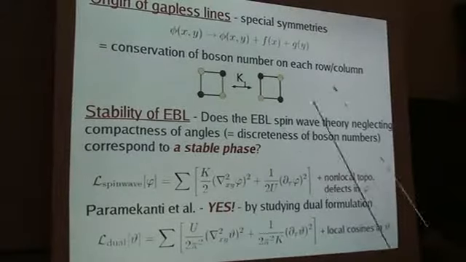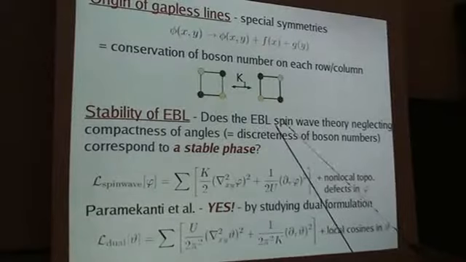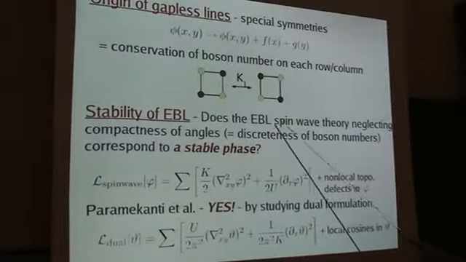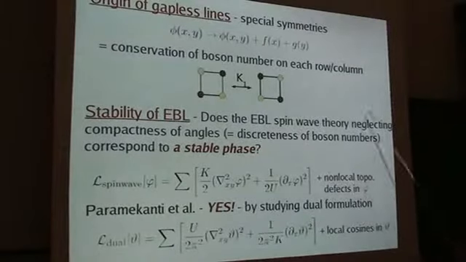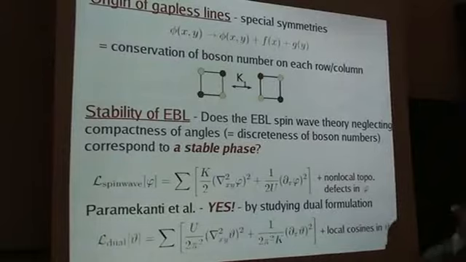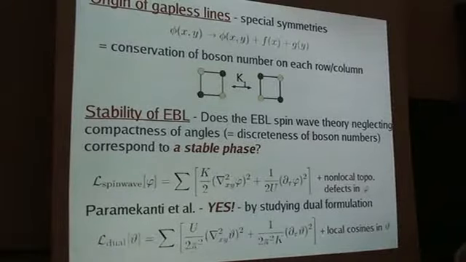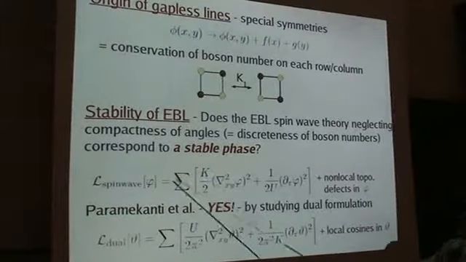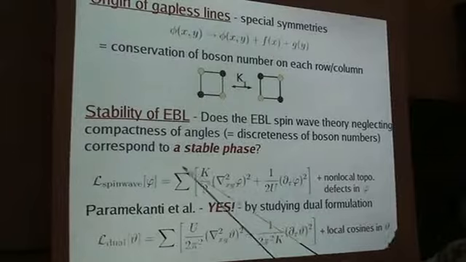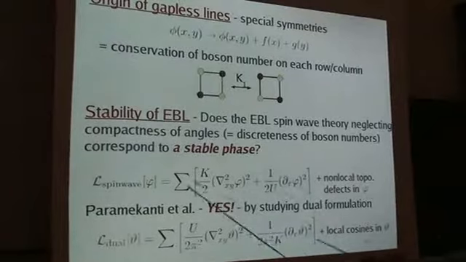Is it ever justified to do such spin wave theory where we neglect the compactness of the phases? To answer, here I wrote the Euclidean action corresponding to the spin wave theory.